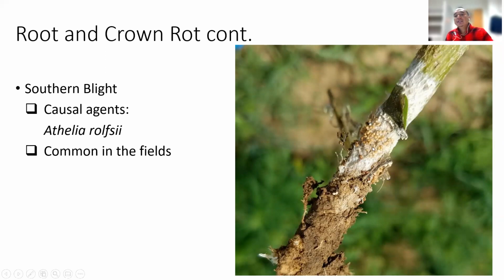Like you can see in the picture, those orange spherical structures are actually the survival structures of this fungus called sclerotia. These fungal structures can usually be seen on the basal part of the infected plant, as well as in the soil surrounding the infected plant. This southern blight symptom is usually worse when the environmental condition is wet and warm.